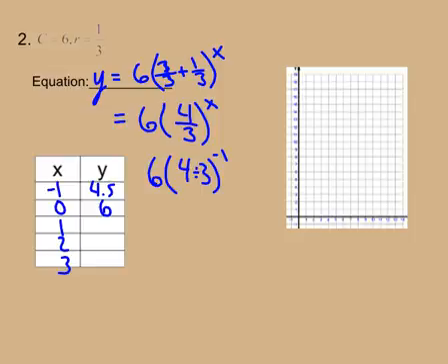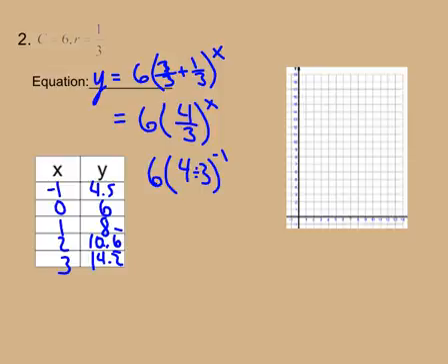How about 1? If you do it to the first power, you get 8. And if I square it, I get 10.6 repeating. And if I make it to the third, I should get another nice decimal: 14.2 repeating.